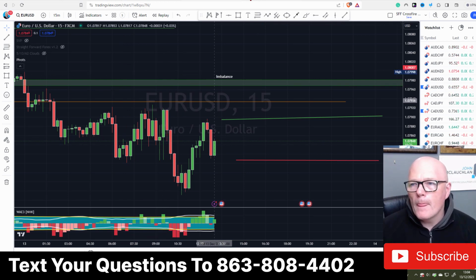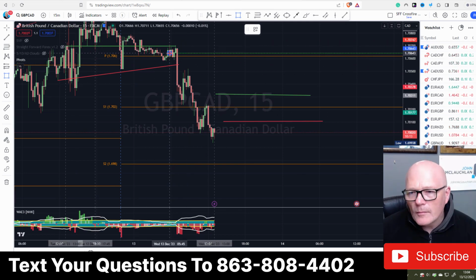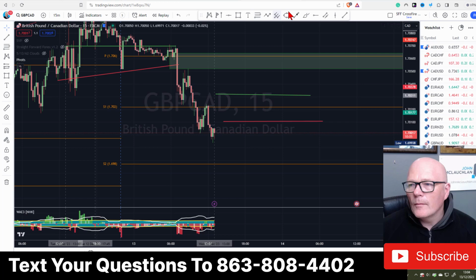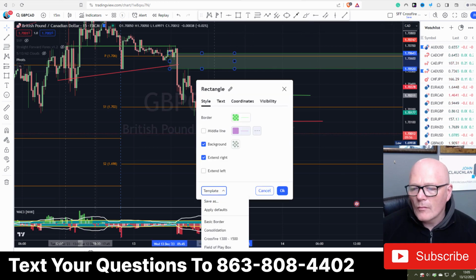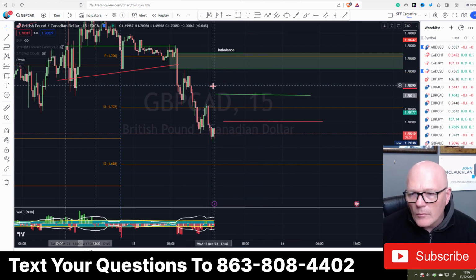That's it. All right, GBP CAD, what have we got in the way of imbalance? See, straight away you can see it. See this big candle? Where you've got from there to there. A little bit there.